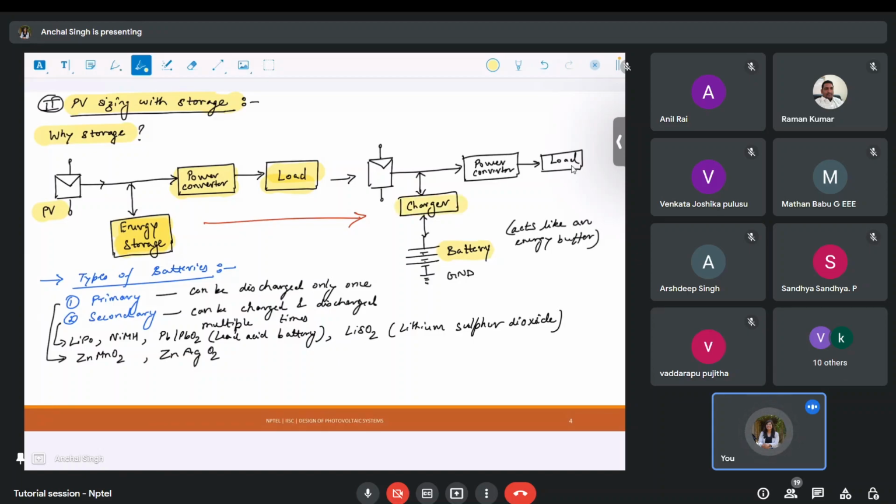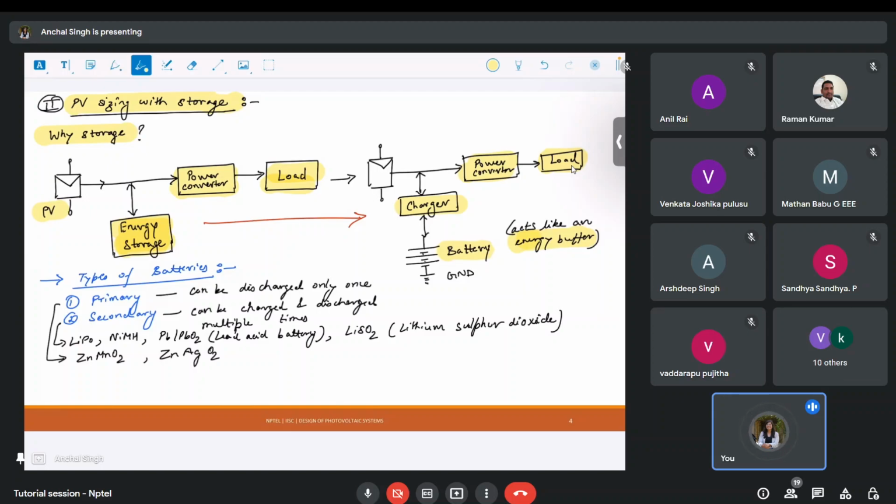Basically it will be a power electronic converter that will help me charge and discharge both ways. And then the rest of the circuit will be the same. There will be a power converter, there will be a load. So this battery charger system acts as an energy buffer. This is the case that we are considering for now for our calculation purposes.